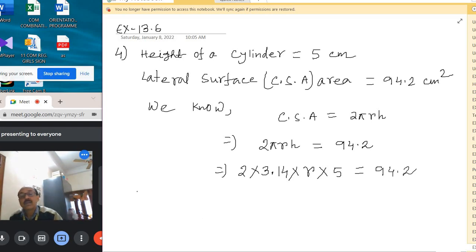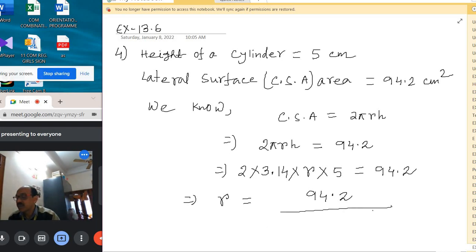Now r equal to 94.2 divided by 2 into 3.14 into 5. So calculate this.